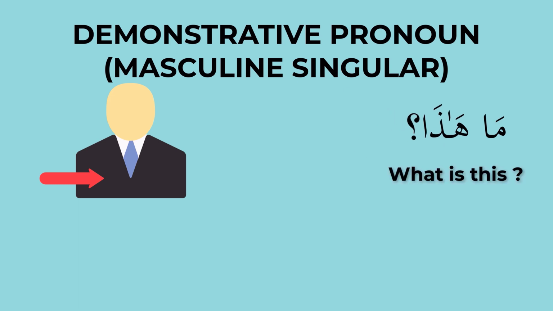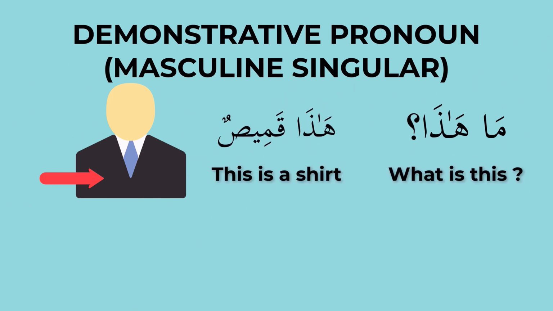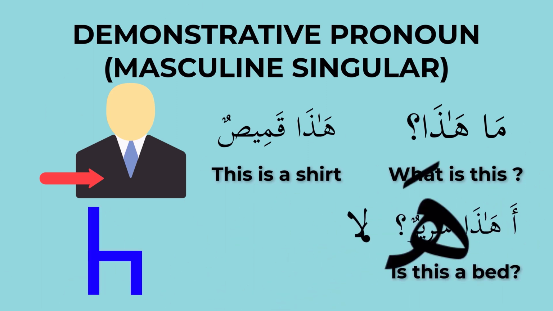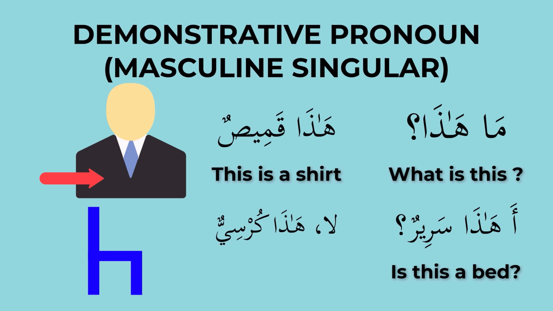Ma hadha, what is this? Hadha qamisun. Remember, we got to pronounce it. Qamisun. Okay, brother? Hadha sarirun. La. Hadha kursiyun. Are you with me, brothers and sisters? Again, what is la? It's a particle. Harfu jawab.